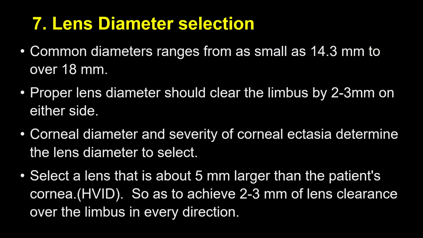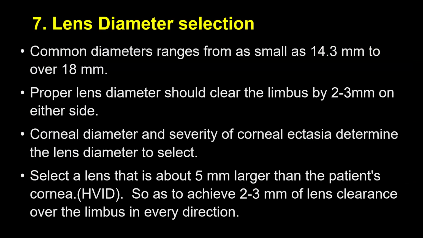So lens diameter: you need to get the lens diameter you want. The proper lens diameter should clear the limbus, as I mentioned, by at least 3 millimeters on all sides. Corneal diameter and severity of corneal ectasia determine the lens diameter. I've mentioned that before.